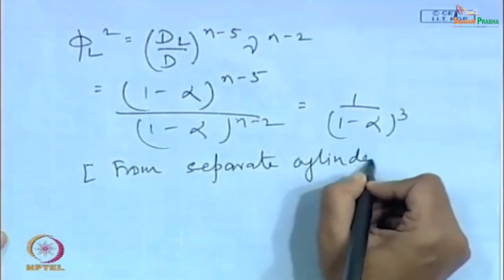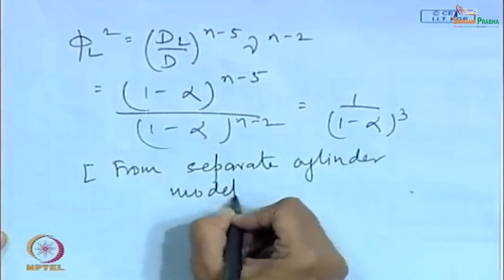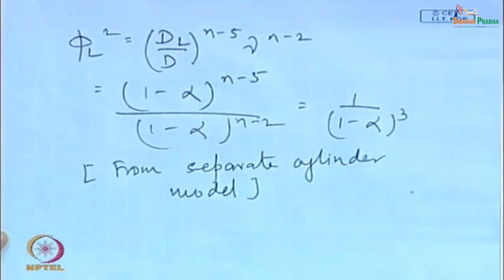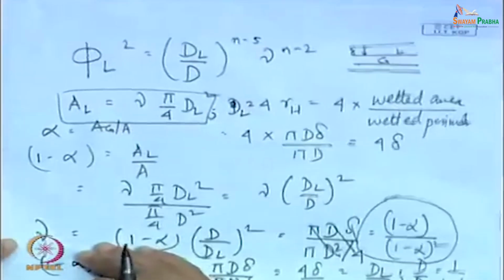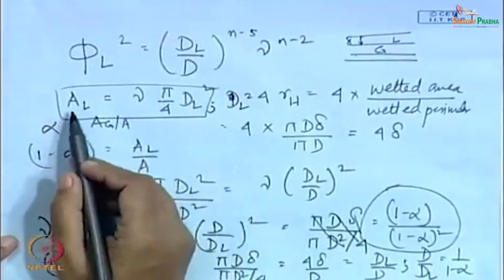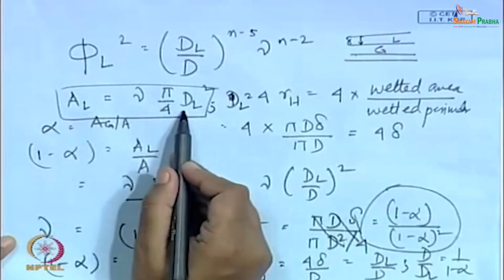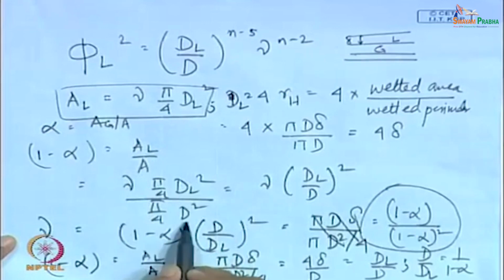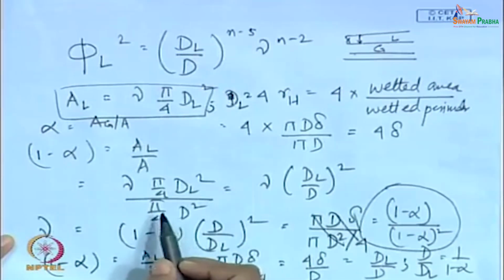So, from the separate cylinder model, what were the assumptions? It was based on the two fluids flowing in separate cylinders, where the cross sectional areas of the cylinders add up to give us the cross sectional area of the pipe. Number 1, due to which we could express A_L in this particular form and A in this particular form. What was the next assumption?